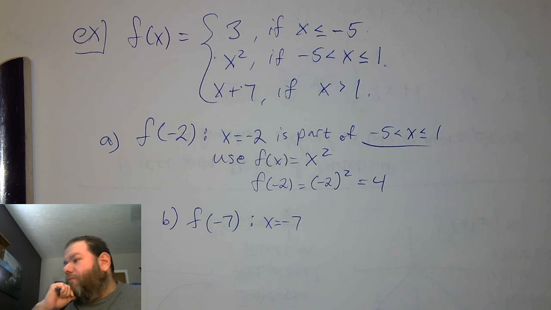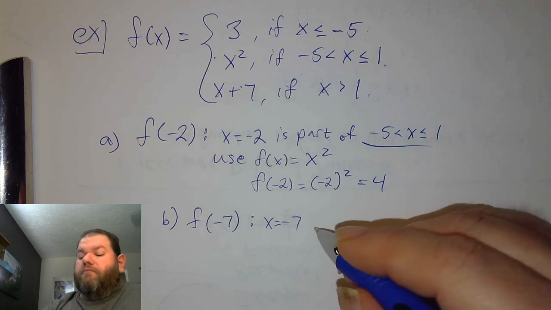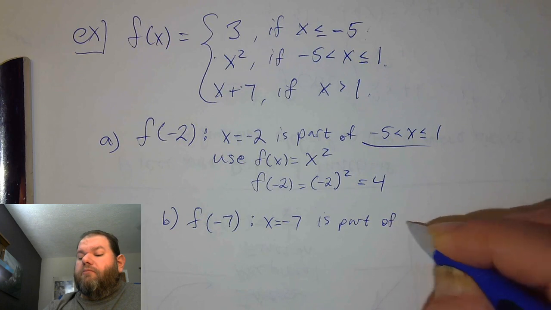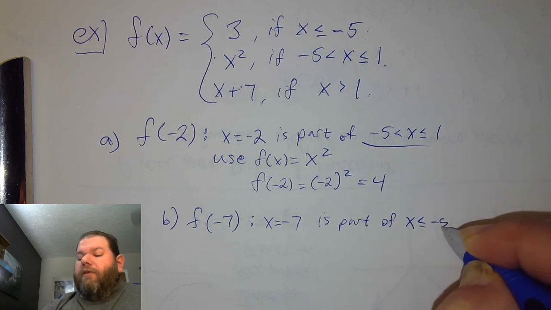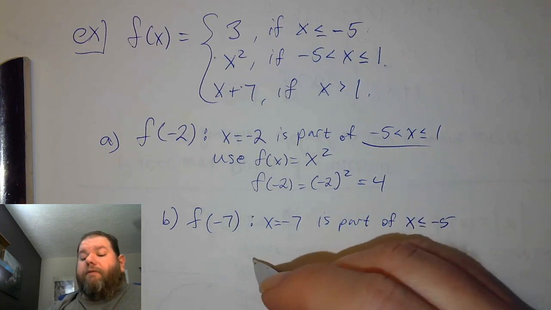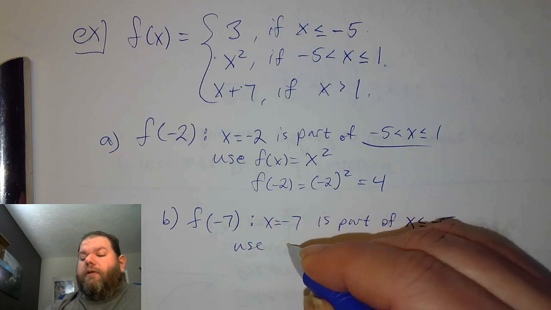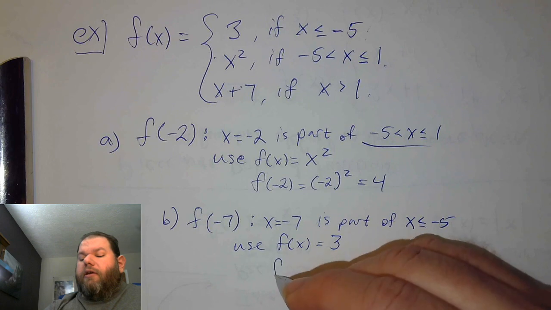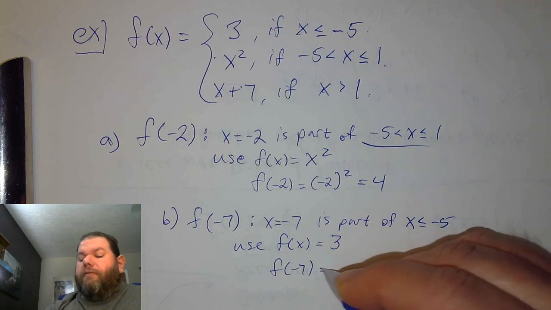First? Mm-hmm. Negative 7 is less than or equal to negative 5. So we use f of x equals 3. And then f of negative 7 in this case.